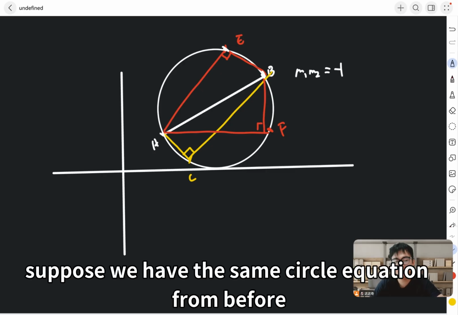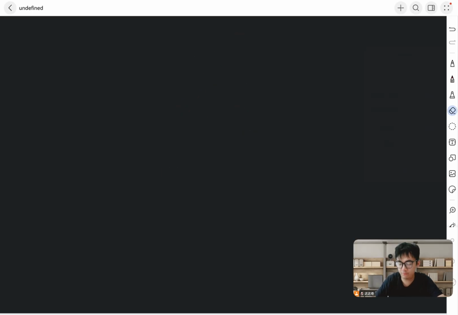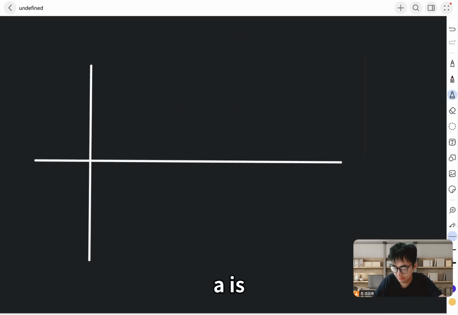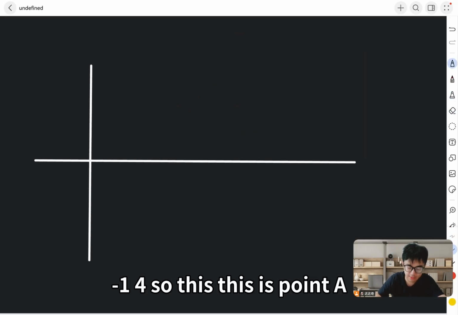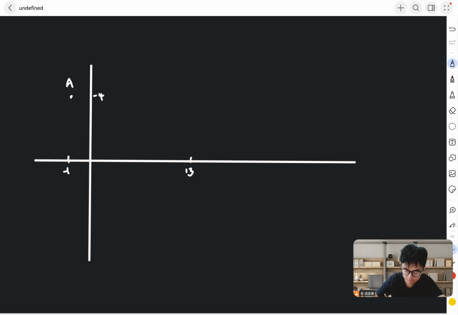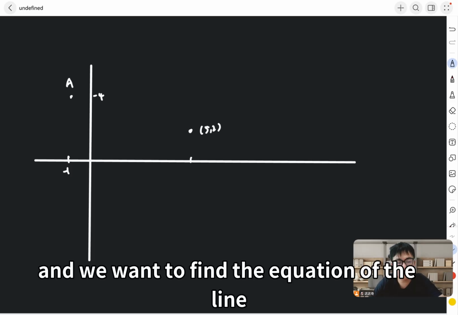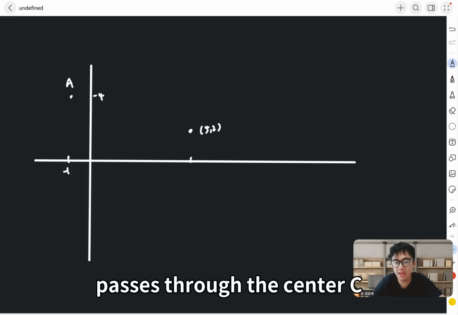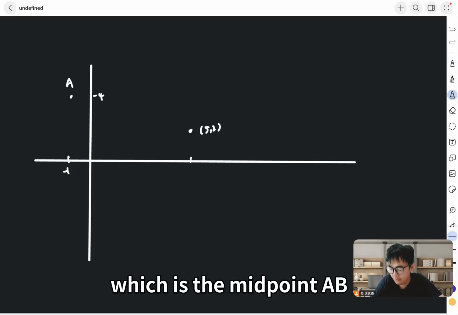Suppose we have the same circle from before. Draw the circle. A is (-1, 4), so this is point A. And point B is at (5, 2). We want to find the equation of the line that passes through the center C, which is the midpoint of AB.